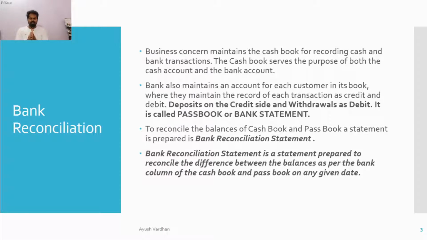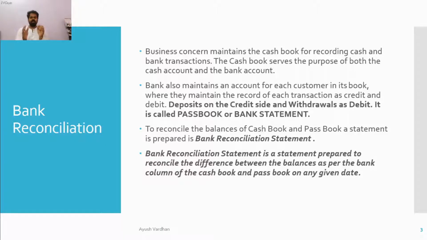So this is the definition. Bank reconciliation statement is a statement prepared to reconcile the difference between the bank balances as per the bank column of the cash book and passbook of any given date. So it's very clear. Bank reconciliation statement is a statement prepared. Why do we make it?